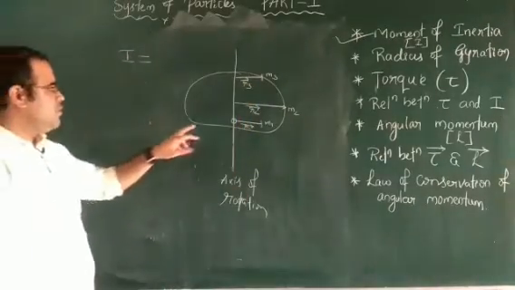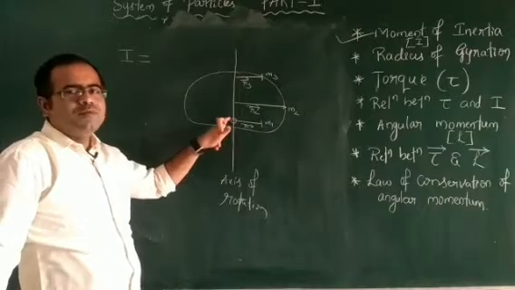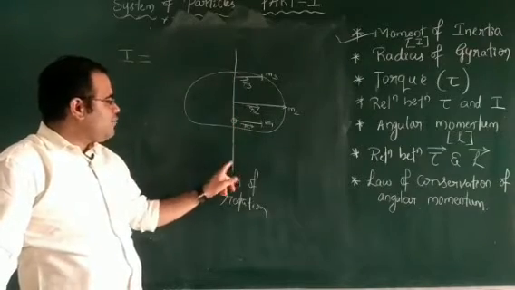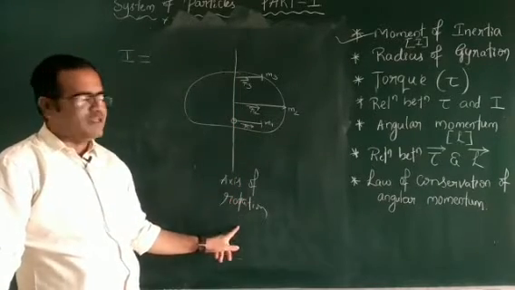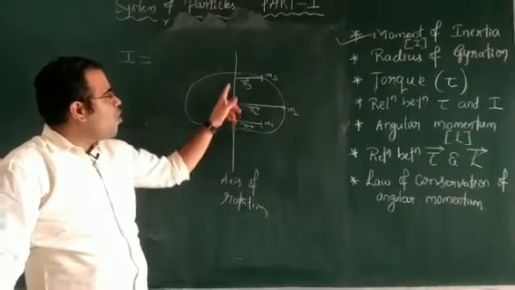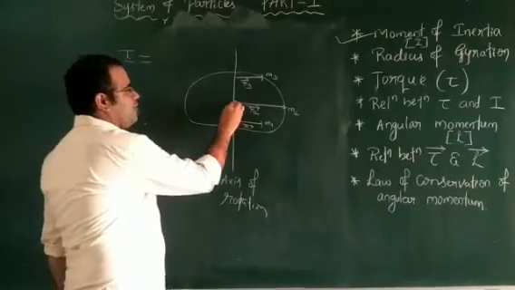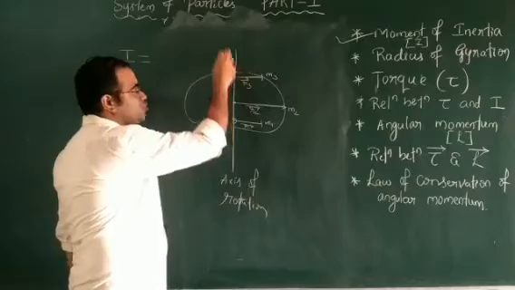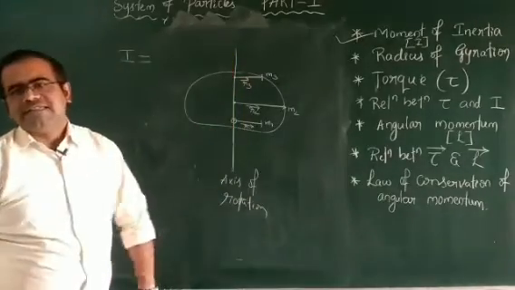Because we already observed that when we have a rigid body with an axis of rotation, the center of all the molecules should lie only on the axis of rotation.